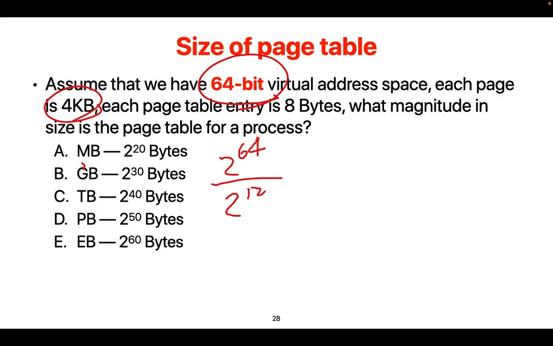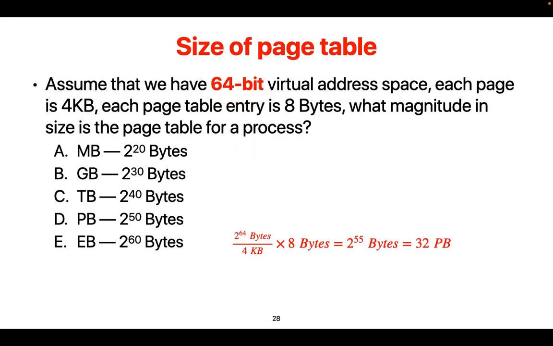You need this many entries, times each one is 8 bytes. How big is it? So the answer is that you need 2 to the 55 bytes. It's 32 petabytes. So none of you got that right.